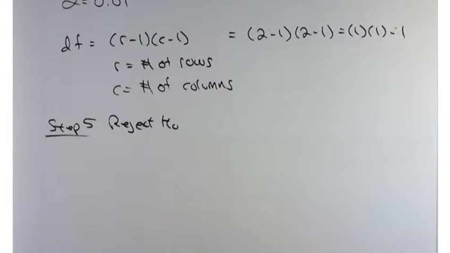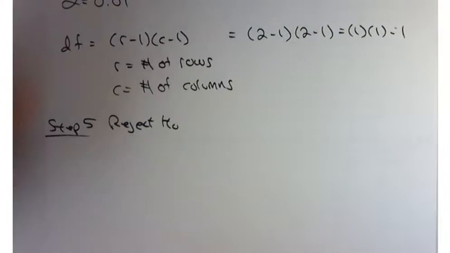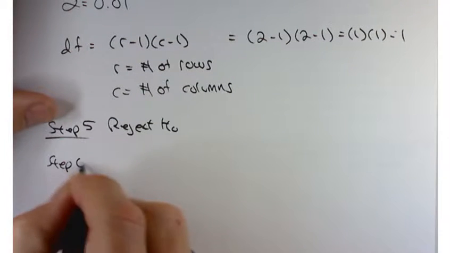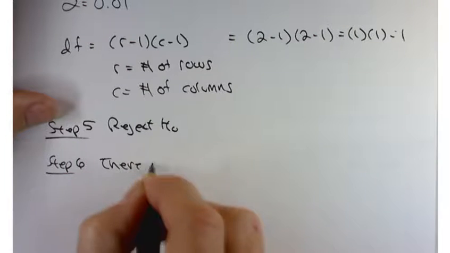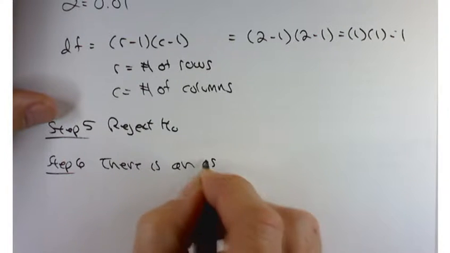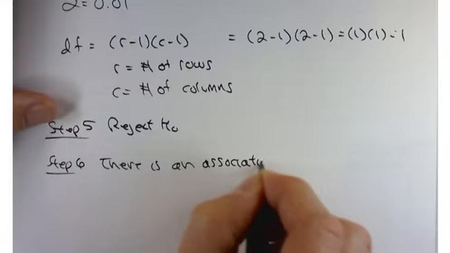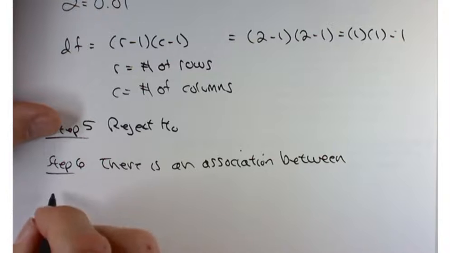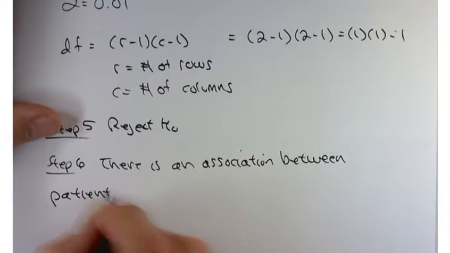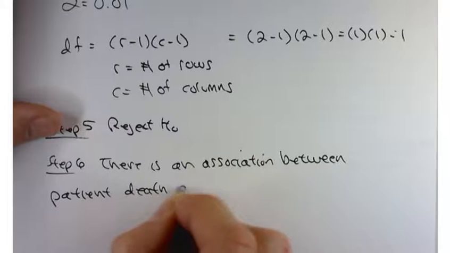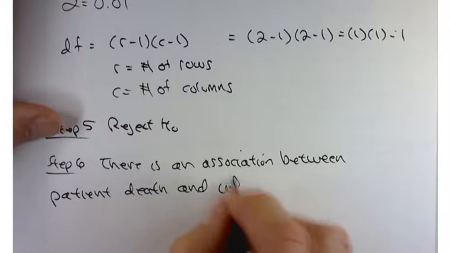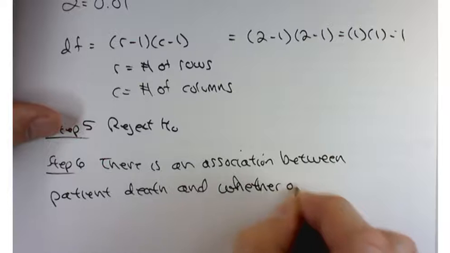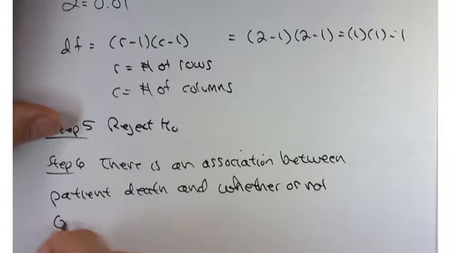Our conclusion is that there is an association between whether or not Gilbert was working and a patient dying.